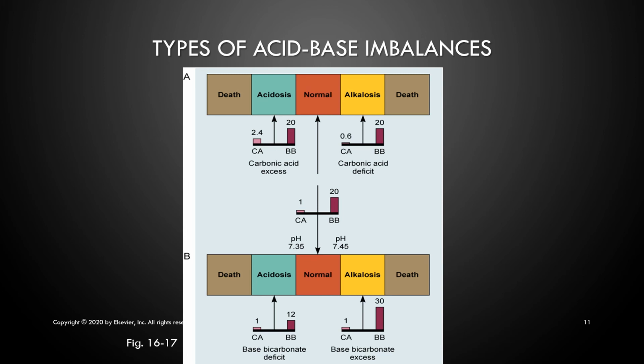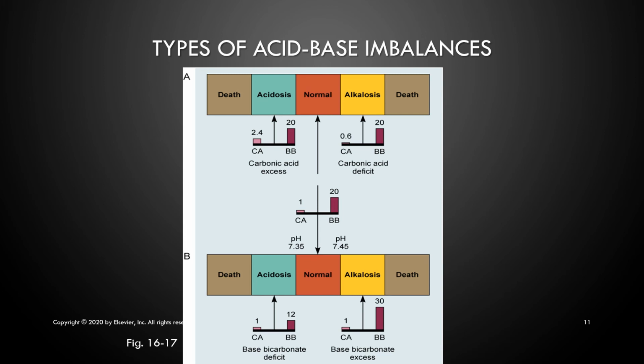It doesn't have the 20 of the base. That's what makes it acidotic. But if our renal system is holding on to that bicarbonate or making too much bicarbonate, so now we have too much, we're in excess, you can see that our 20-to-1 ratio is actually higher in base, so we have metabolic alkalosis.